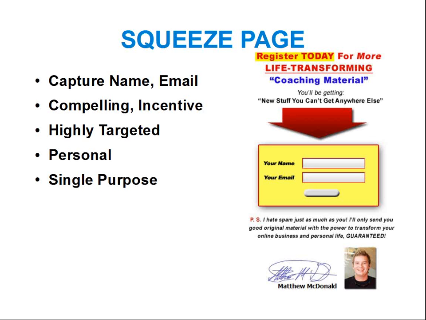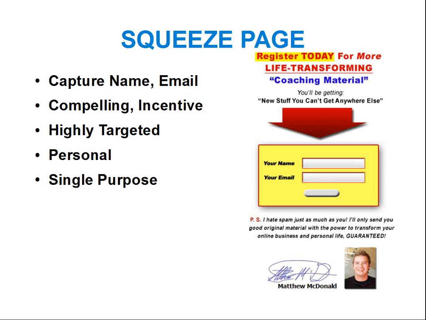Now, the way that comes out is that you would not put any other advertising, you wouldn't put AdSense on there, you wouldn't put other affiliate offers there on that page. You can put all this on the next page after they opt in, or you can even direct them to another sales page. But on the squeeze page itself, you don't want to give them other options. You only want to give them the option to opt in.